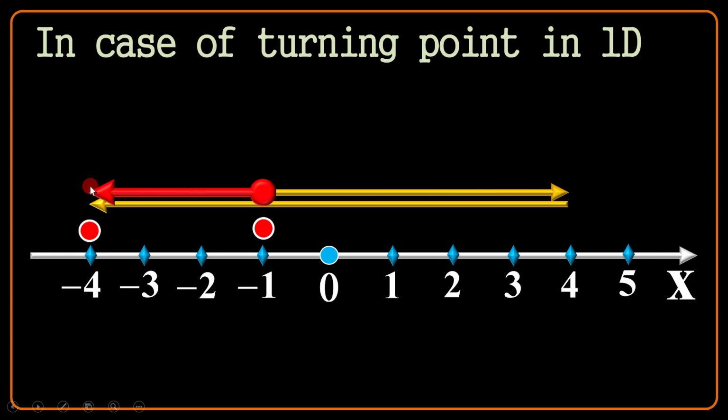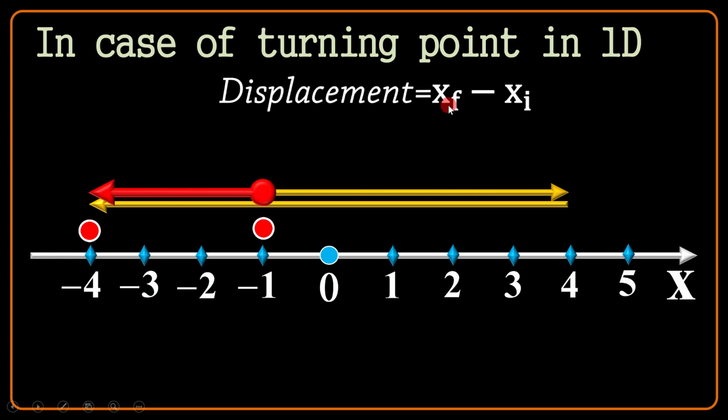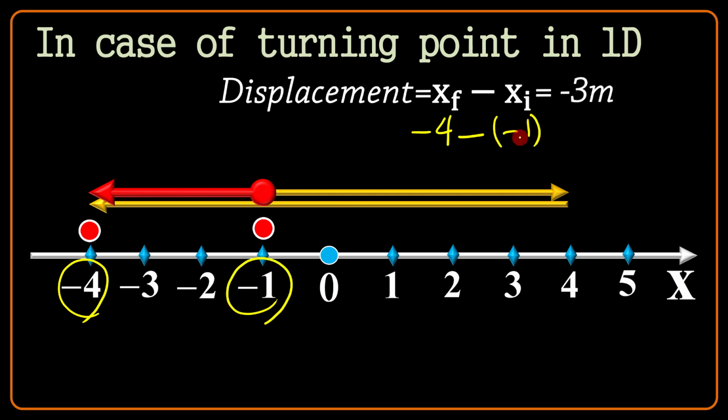I draw it like that, and then I write displacement to be x final minus x initial. Here the final x is -4, so it's -4. The initial is -1. Okay, the answer will be -3 meters. -3 has a negative sign indicating that the total displacement is to the left.